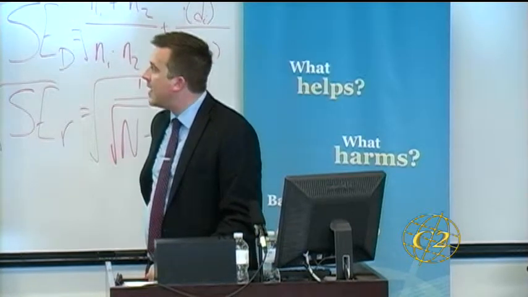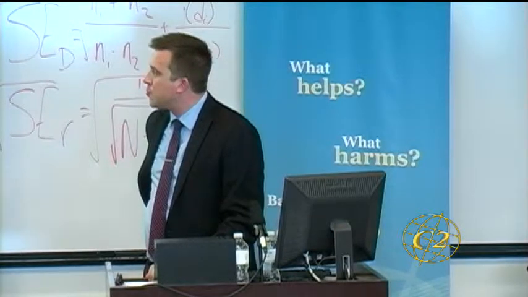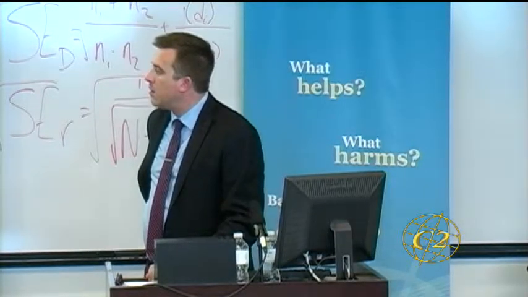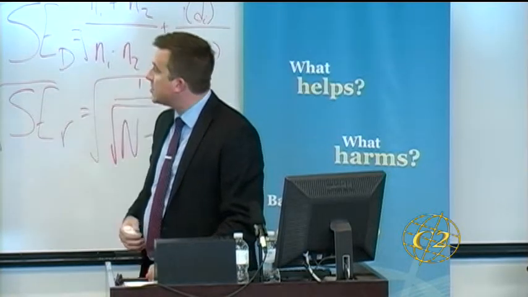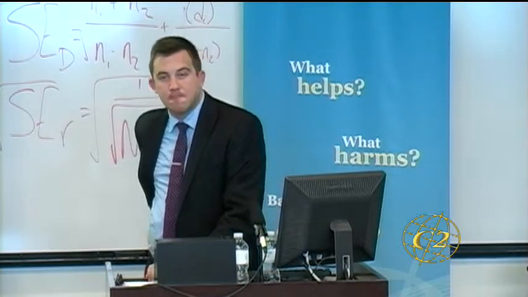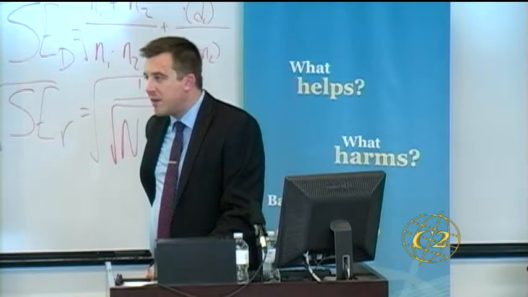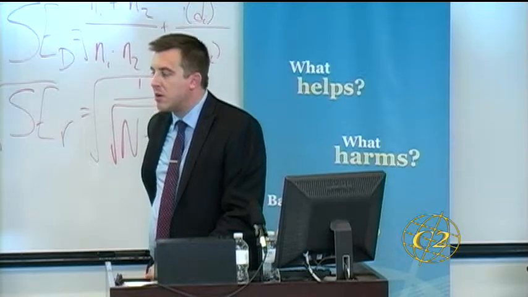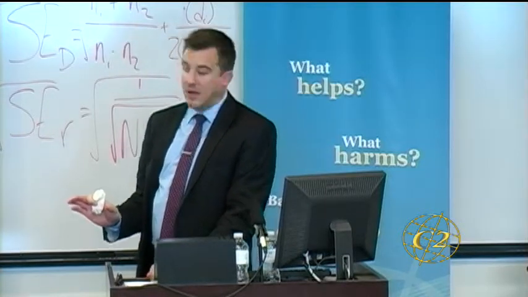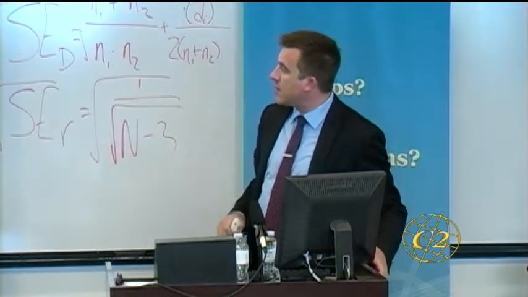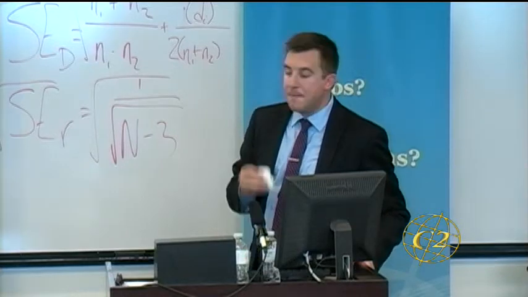But I will say that in Campbell reviews, the methods group often pressures or pushes review authors to use a random effects model. It's a little bit more conservative. The standard errors and the confidence intervals are a little bit bigger, just because you're calculating the weights a little bit differently. Okay?